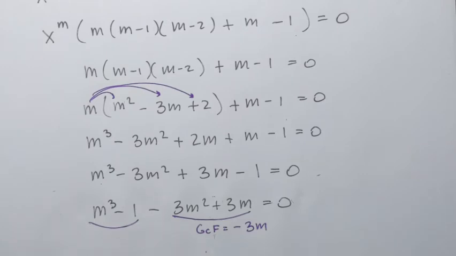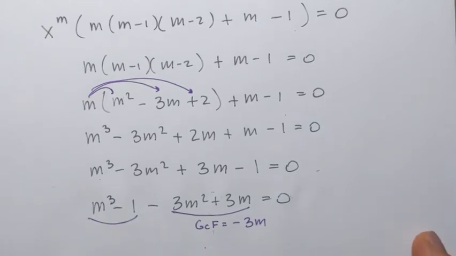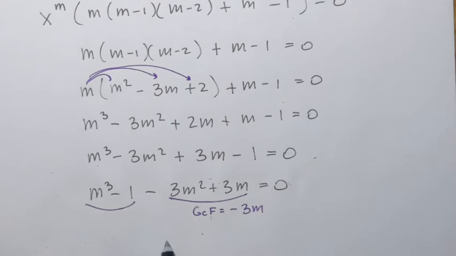So my second group is, I'm factoring out negative 3m, pulling that out, and then what do I have left? I'll have m from the first term, and here I have to put -1 to obtain the second term, right? So I'll check. If I distribute -3m, I should go back to this expression.